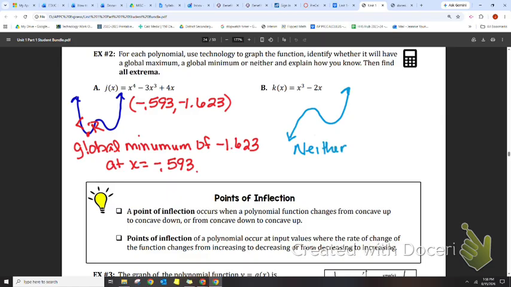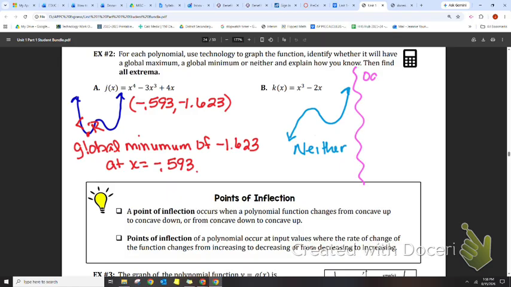Now, the explanation for this one, I didn't do the other one, so we're going to have to go back and talk about it. So when we go to explain these, the easiest way is kind of to think about what you know about even and odd functions. And I can't recall how much y'all probably talked about this back in Algebra 2, okay? So let's talk about this last one.